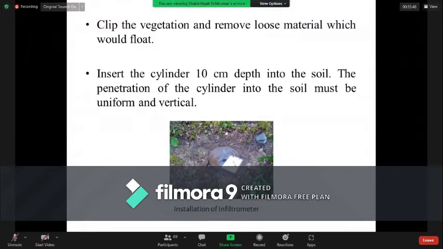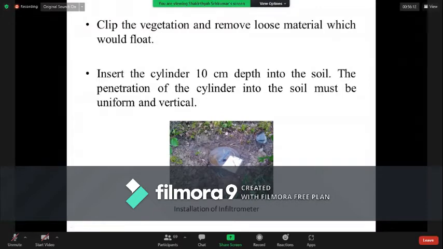The next step is clip the vegetation and remove loose material which would float. So once your place is covered with grasses or bushes, first you need to remove the vegetation and clean the place. Sometimes papers and other things are inside the soil.